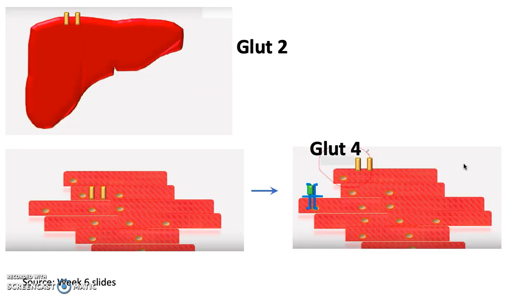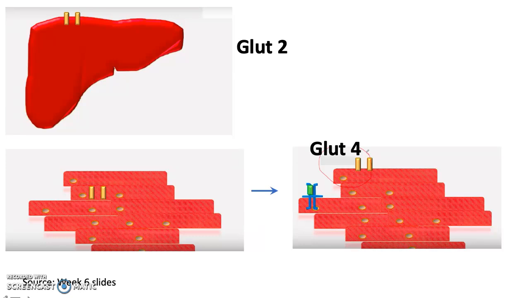And here, this image just sort of sums up what I was just explaining. So in insulin-independent transport, like we see here in the liver, the transporter is already sitting on the cell membrane, while in insulin-dependent transport, like we see in the skeletal muscle here, the transporter starts in intracellular vesicles and then goes to the cell surface in response to insulin, which is what this blue thing represents here.